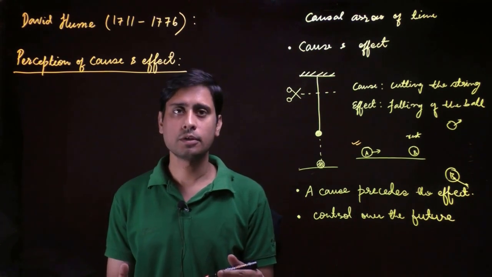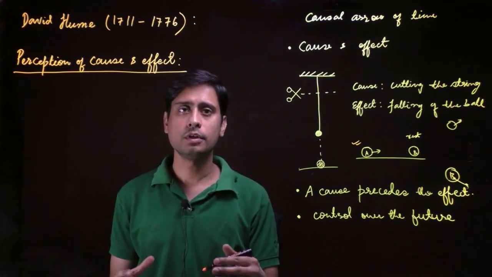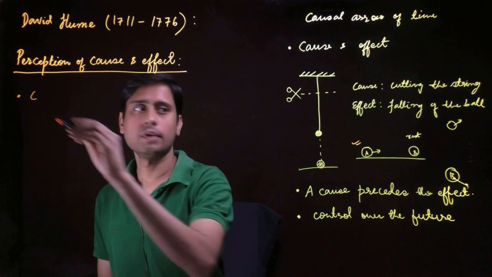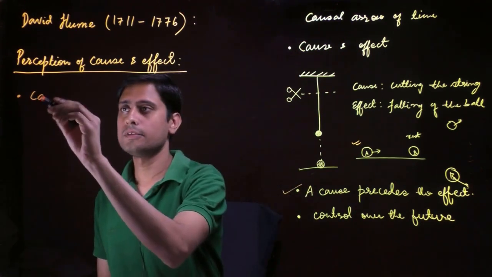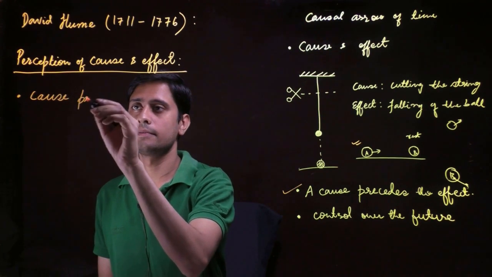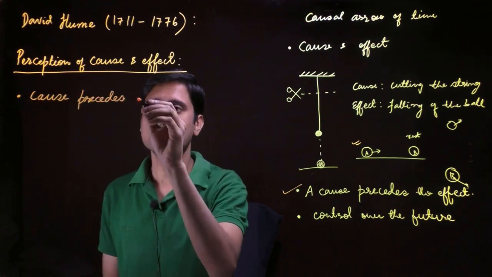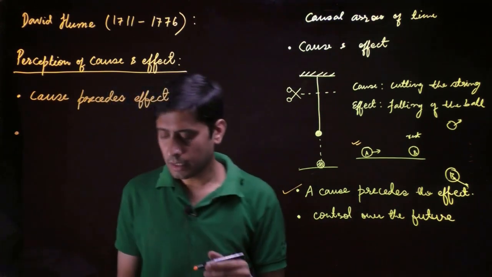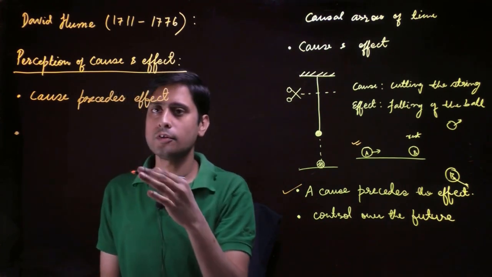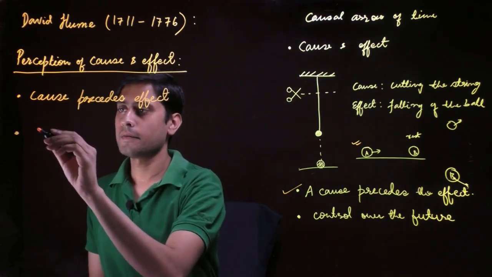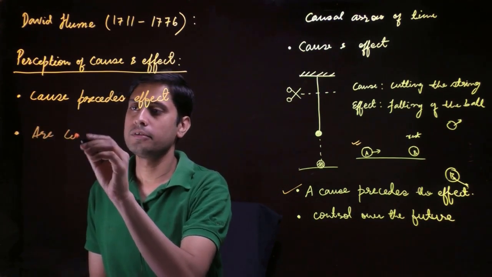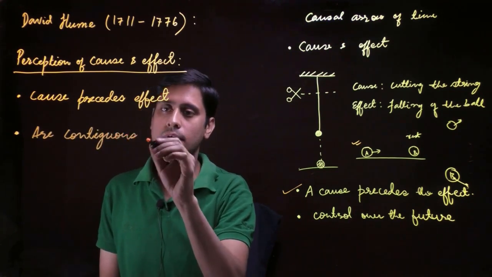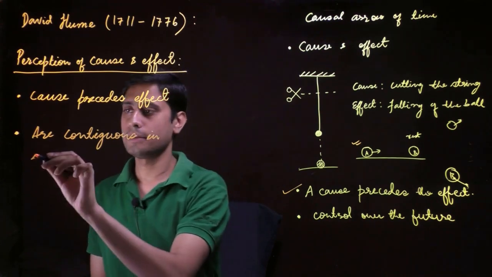Like events are more firmly connected. From these arguments, Hume concluded that there are basically two inferences that we can draw from our experience. The first is that, as we already said, cause precedes effect, and the second is that the events of cause and effect are contiguous in space and time.